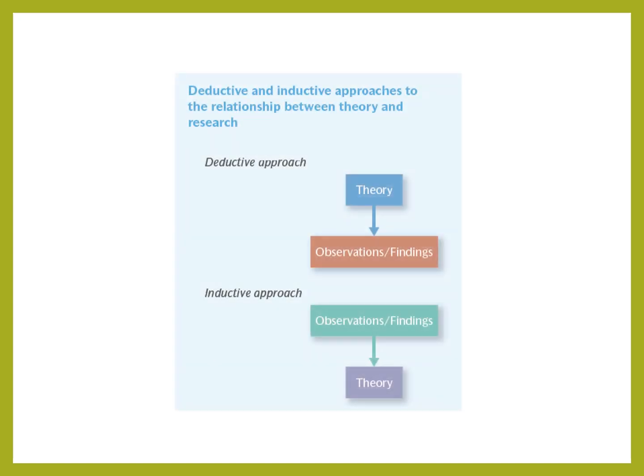This graph shows how theory and the empirical process of collecting data and then analyzing and inferring are connected from a deductive point of view and then an inductive point of view. So as you see, these work in opposite directions. The deductive approach starts with a theory, as we said, and eventually we go on to testing that theory to see if we need to correct it.